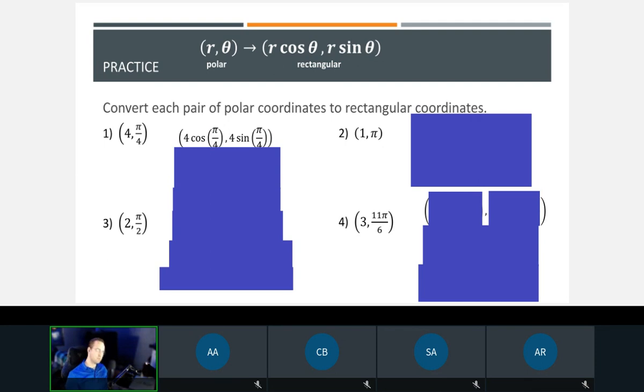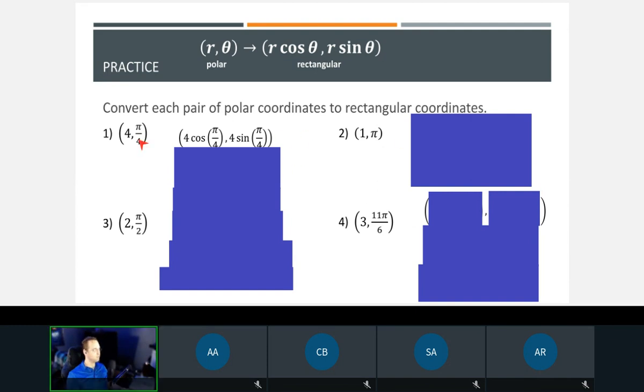All right, so when you get your values, you need to make sure you know what quadrant you're in, but it may not matter going from polar to rectangular, but we still should check. So pi over 4, what quadrant is that?